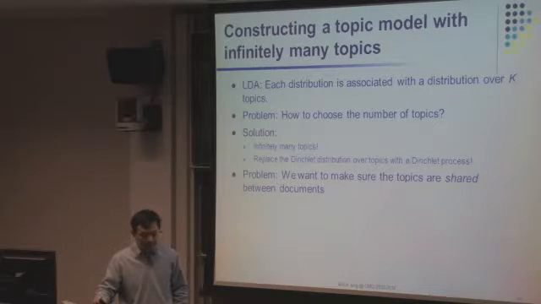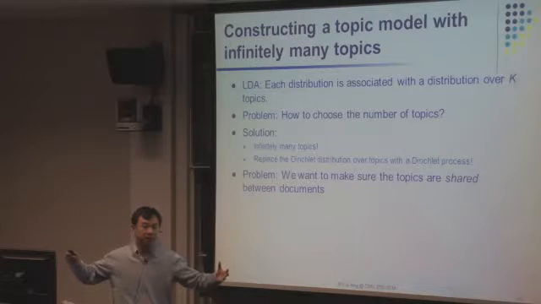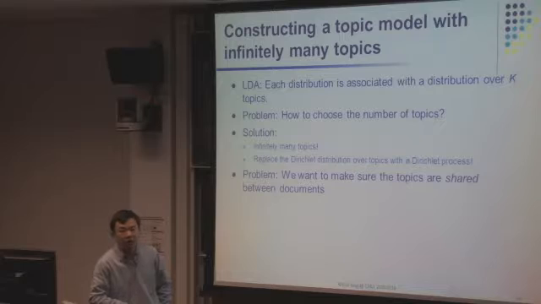Why? Because when we say infinite clusters, we really mean infinite topics. We really mean that we want the topics to be unbounded, right? There are different numbers of topics. Then, how the topics are used in LDA is a little bit different from how cluster centers are used in the clustering problem.